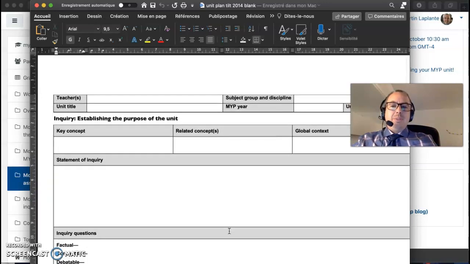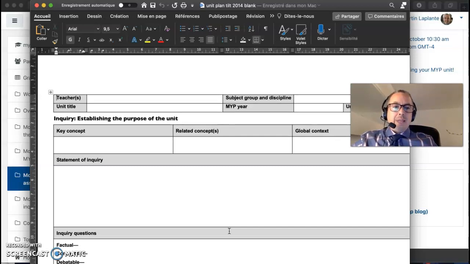Since the main goal is to fill this out, even if you are late at that point, you understand that it's something which can be done. You just have to go and understand all of the parts of the unit plan. And the reason why we are doing that, as I said in my message, is that we want to implement all of the aspects of the IB education or philosophy, and we are bound by standards and practices.